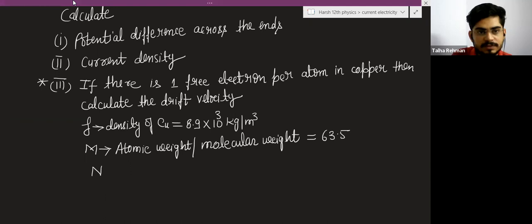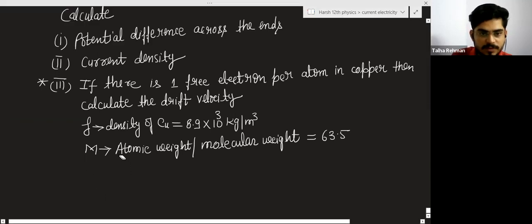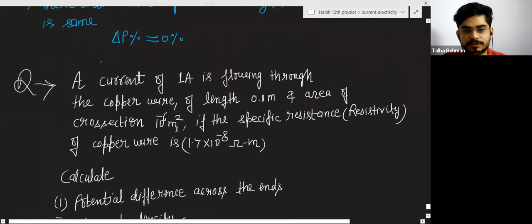Okay, leave this. So we have to find all these terms.